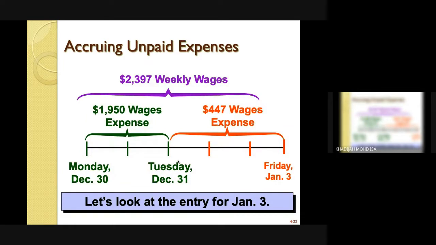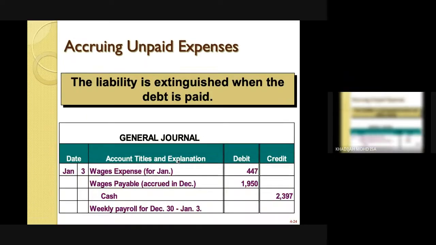Entry for January 3rd when you make the payment. What is 447? 3 days of wages. Accrued 1,950, which you recorded just now, but now it's debited because now you pay your wages 2,397. How do you get 2,397? January 1st, 2nd, and 3rd, you take 3 out of 31 days. 3 out of 31 times 1950, you should get 447, isn't it?